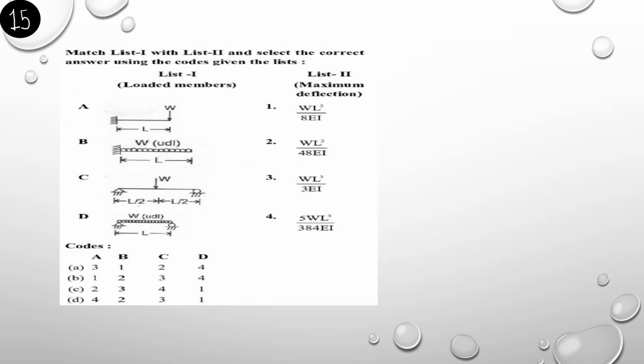Then next, question number 15. In that, first match list 1 and list 2 and select the correct answer using the codes given in the list. The first list is with a beam and loading, and the second is with a maximum deflection. The total chart of this deflection and slope I mentioned in the short notes, and in this video we'll see how to calculate the deflection from moment, then slope, and then deflection for the first beam.